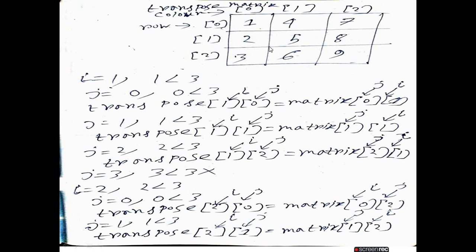This element, transpose of row 1 column 0, is assigned with matrix ji. What is the value of j? 1. What is the value of i? 1.